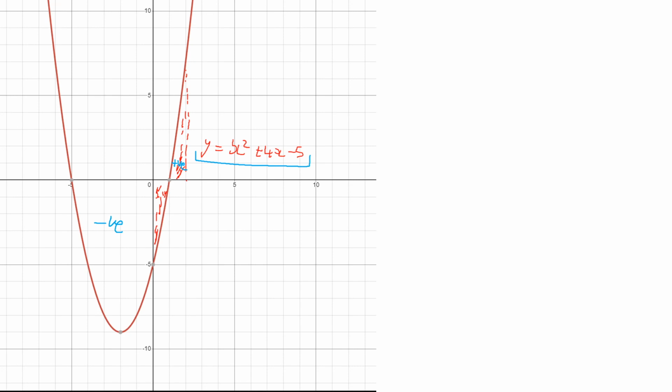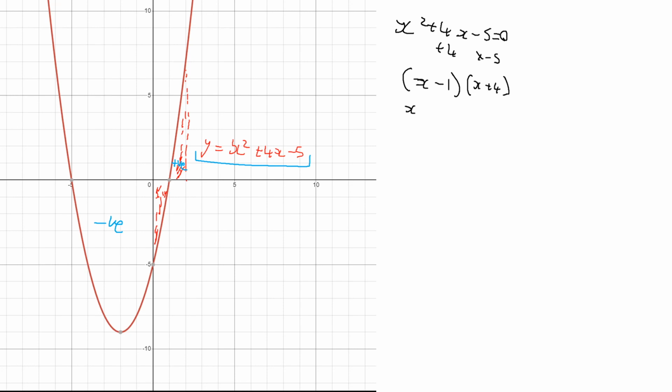The way we do that is first and foremost, let's solve this equation. So x squared plus 4x minus 5 is equal to 0. And then think of a number that adds to make 4 but multiplies to make minus 5. Minus 1 and 4. So x minus 1, x plus 4.